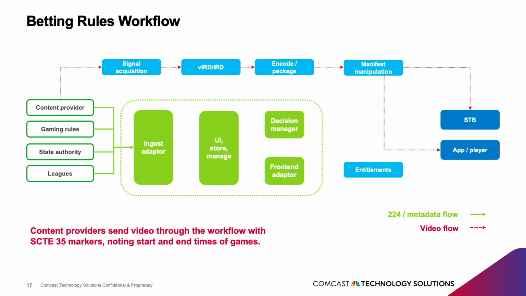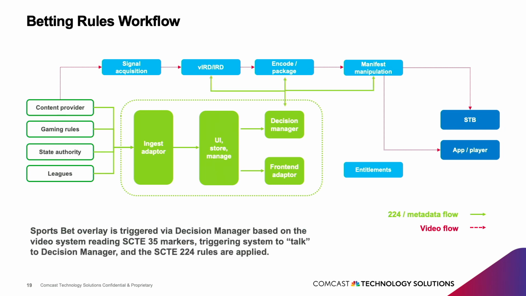The content provider is obviously going to send the video through the workflow with the SCTE 224 markers, noting the start and end times of the games, which is done today. And then LRM would aggregate. It could be any tool, but basically aggregating and ingesting the rules, normalizing them into SCTE 224, and storing them in the cloud.